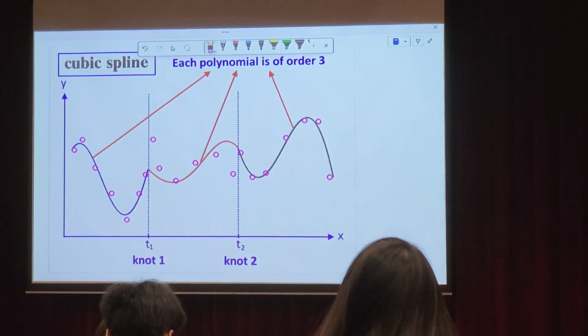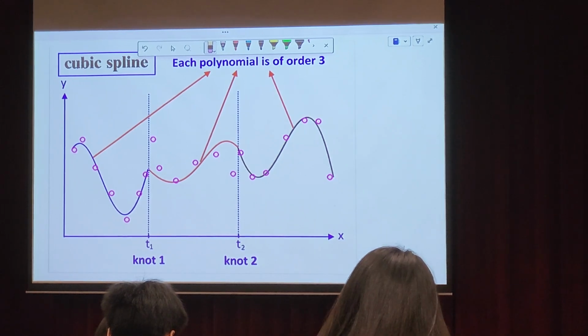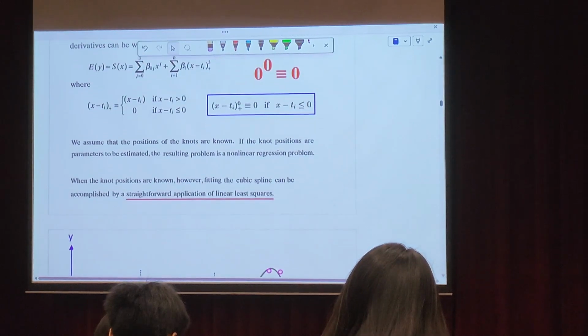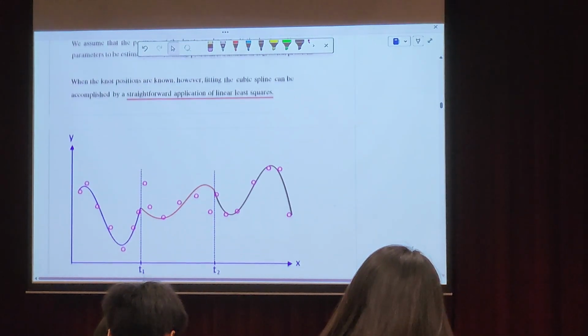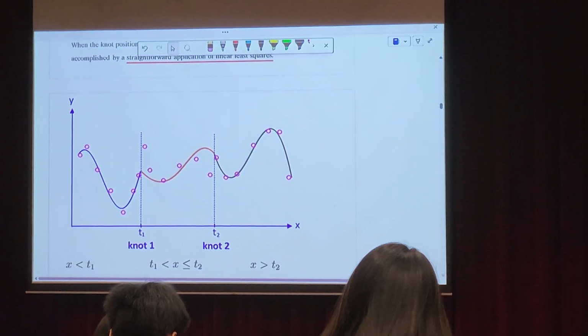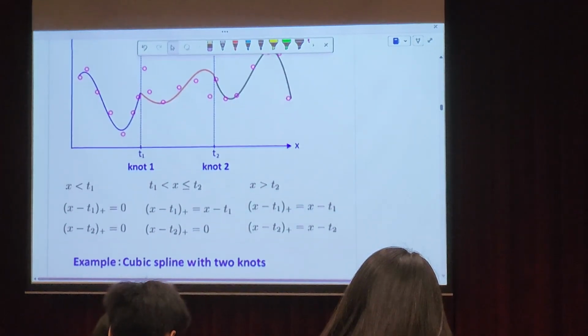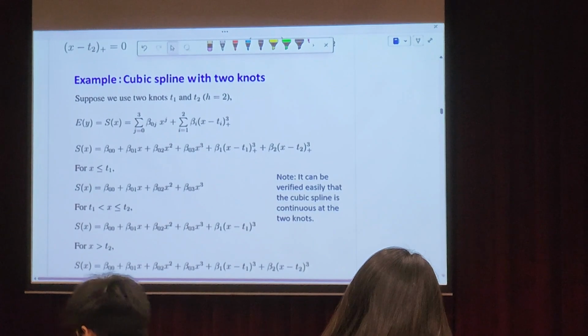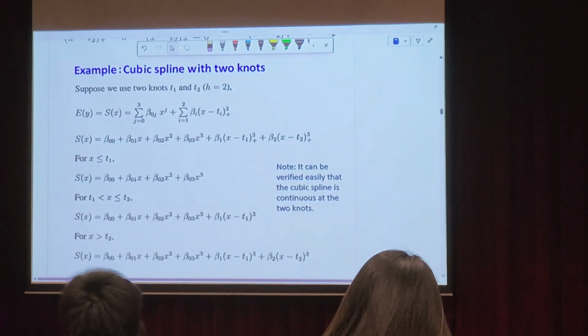Well, turns out that it is not that hard. So let's look at this example, okay, with 2 knots. I explained this notation, but today you'll be clear why we need such a notation. So I've gone through these 2 pages. Let's come to this example.